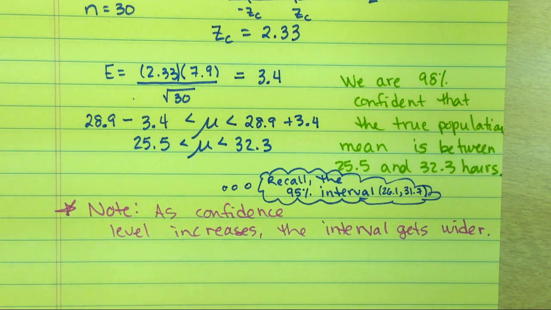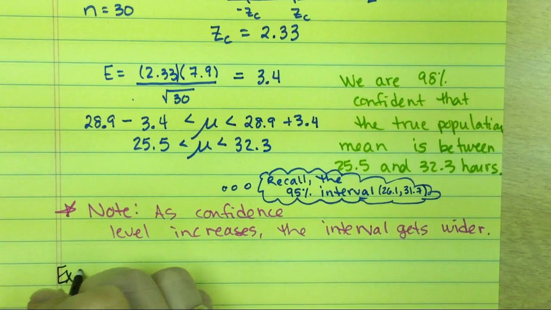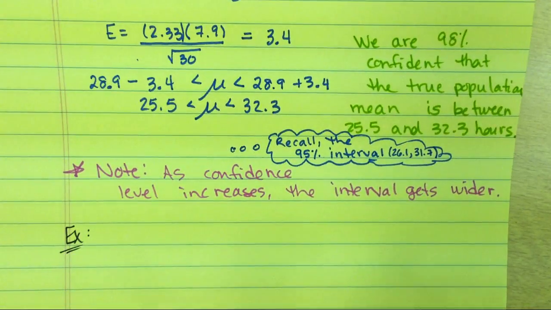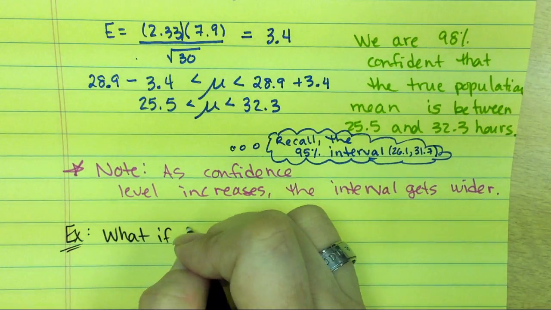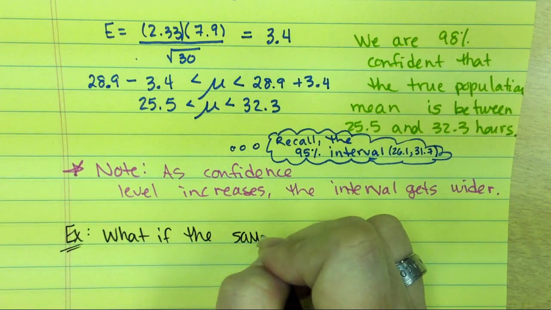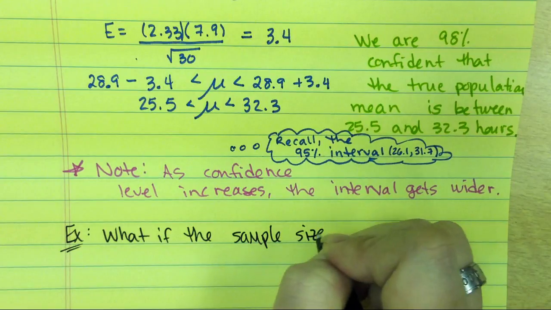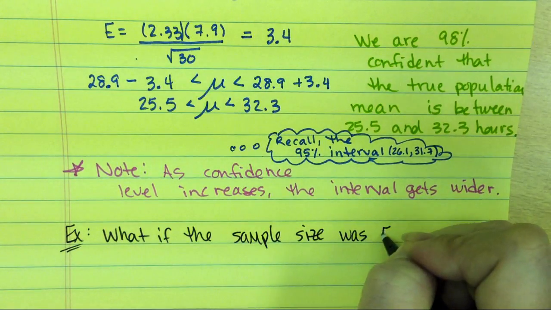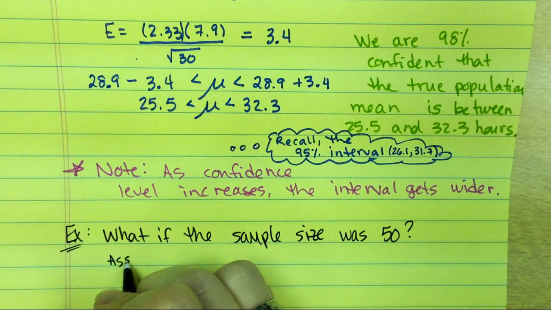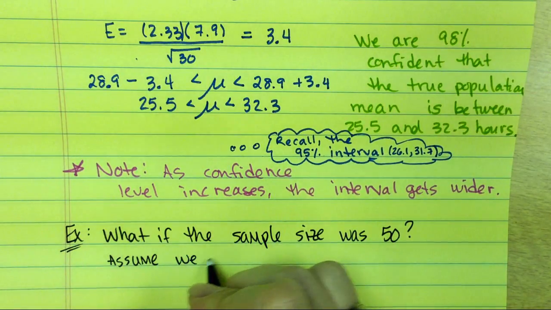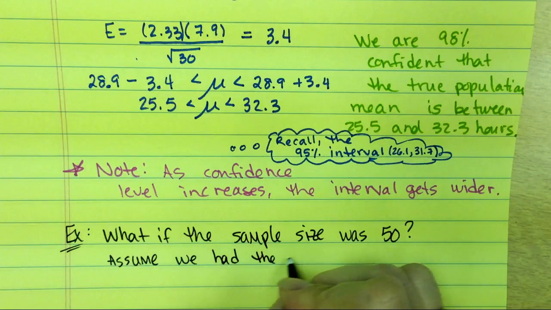Let's see what happens if we change our sample size. So back to our grocery store example. What would happen if the sample size was 50, and we're going to assume we had the same sample mean.